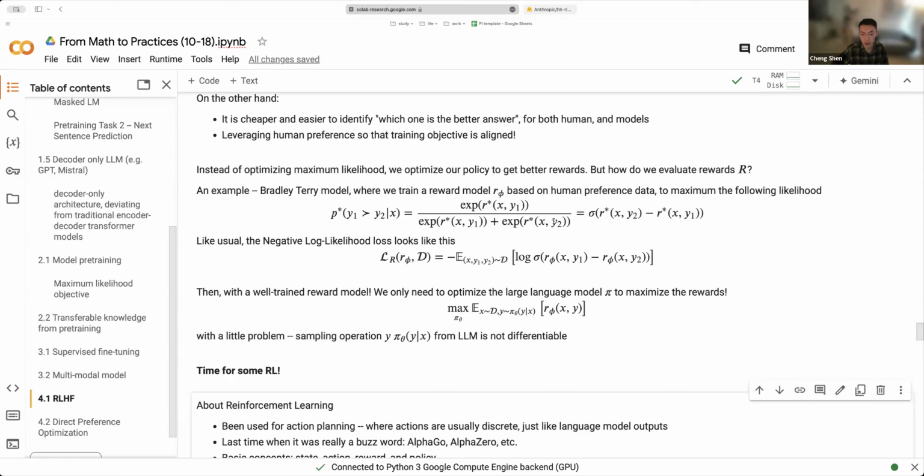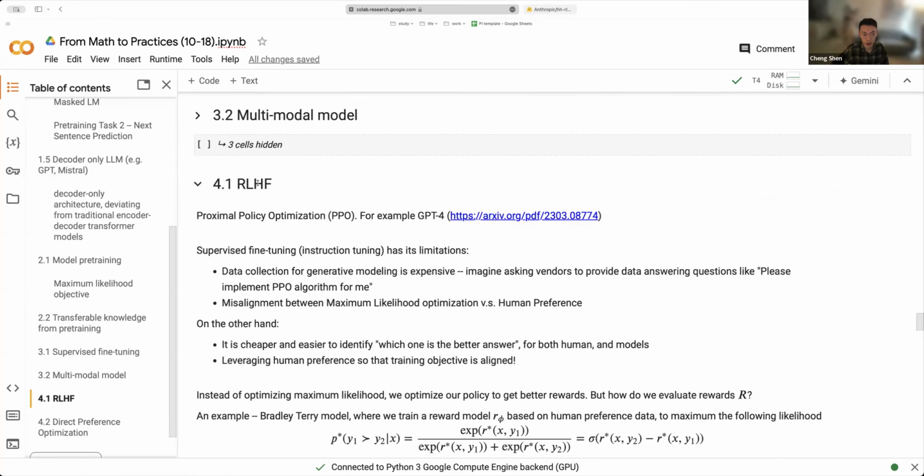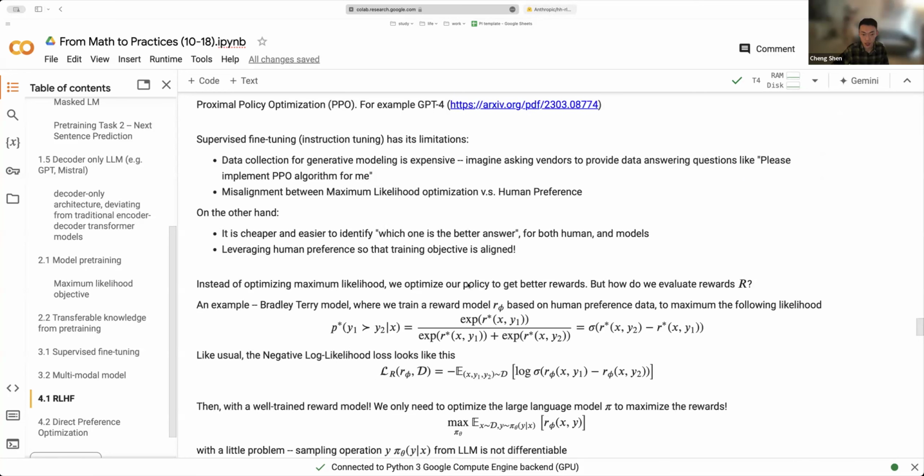So the reward model here is trained with human annotated preference. That's why it's called human feedback. We collect the human feedback first to train this reward model. The reward model itself is usually also initialized with a pre-trained large language model, because the pre-trained large language model is very capable at understanding the language.